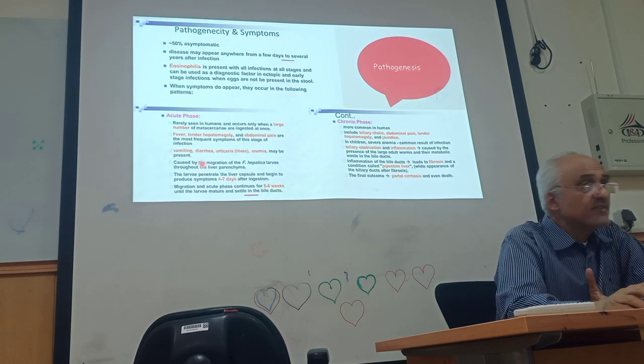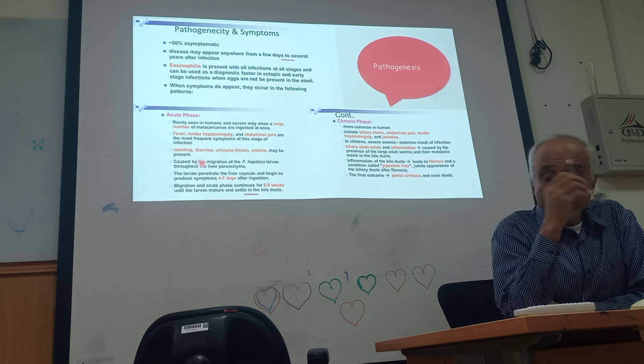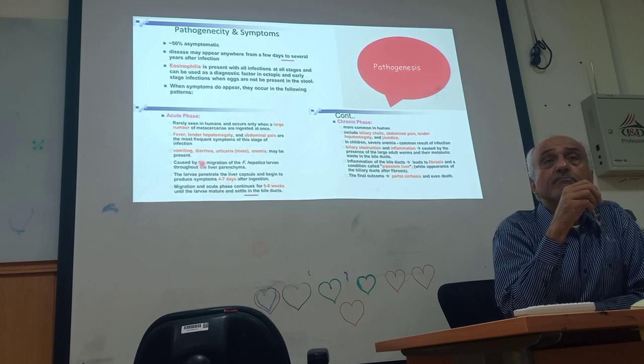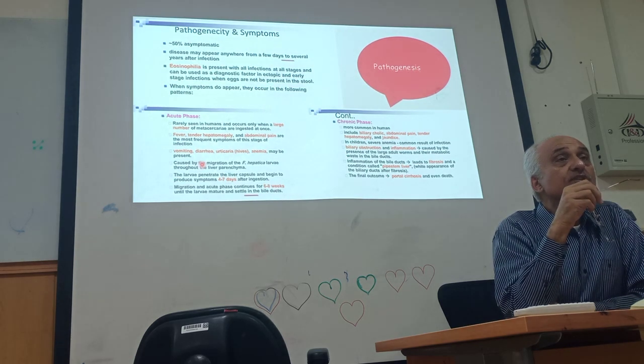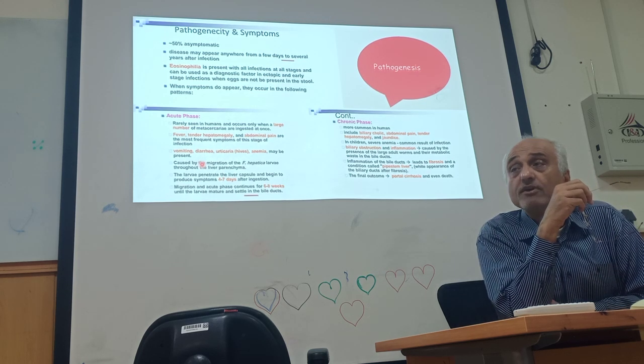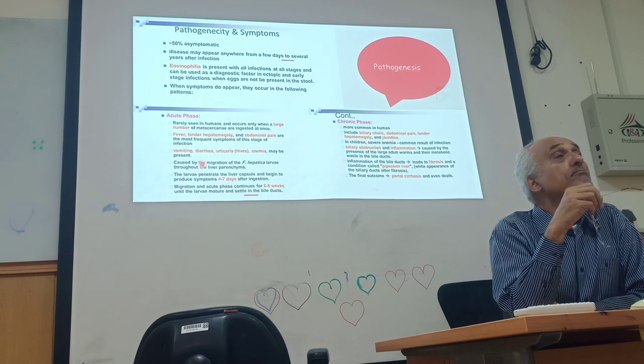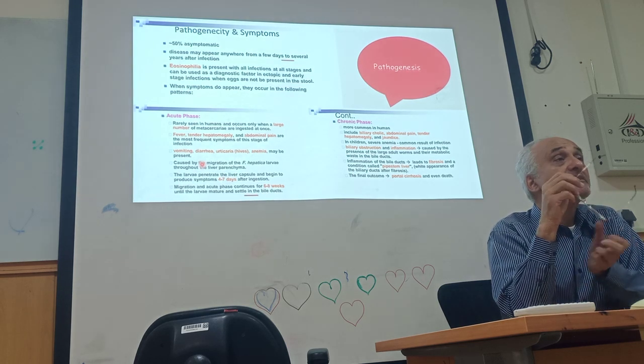Okay, if the number of worms is plenty, be careful that in parasitology, mainly in helminthology, the severity of infection is directly related to the number of worms, which is called worm burden. Worm burden is very important.